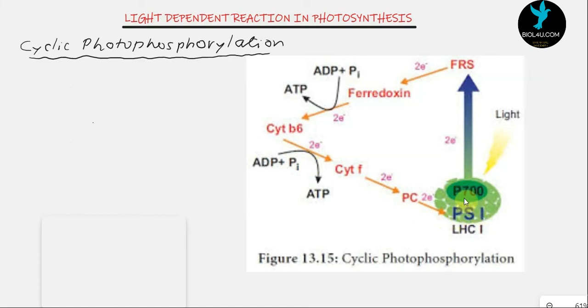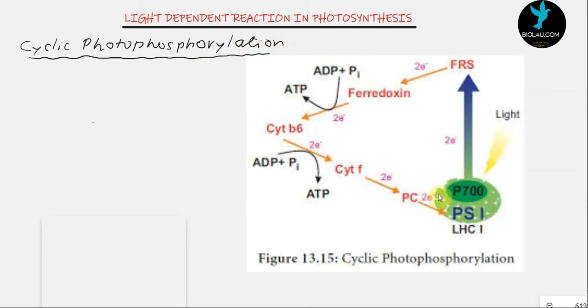That means the electron expelled from photosystem 1, after transferring through the electron carriers, finally reaches back to the PS 1. That means the electron transfer is in a cyclic manner. So this type of electron transport system is known as the cyclic way of electron transfer, and hence this type of phosphorylation is known as the cyclic photophosphorylation.